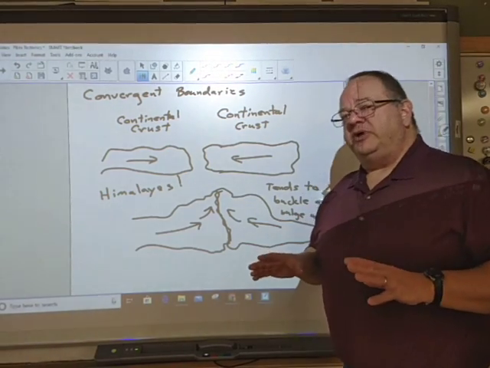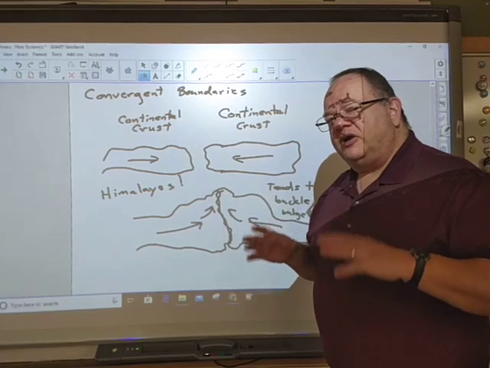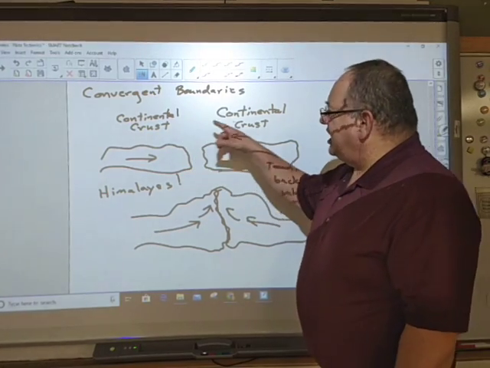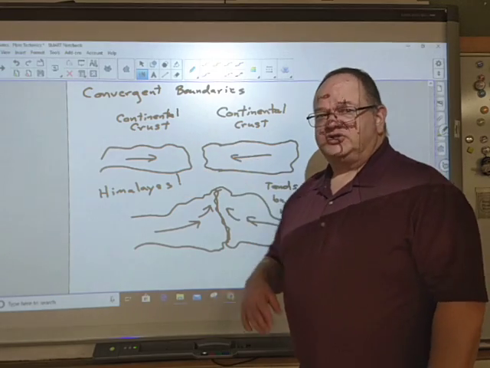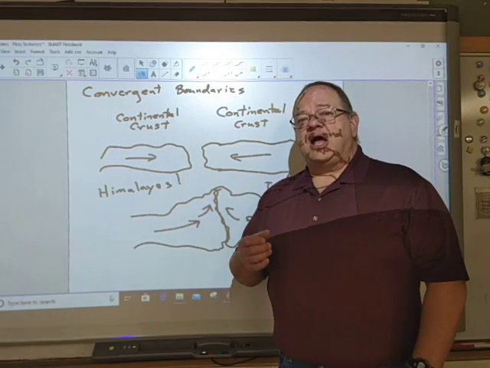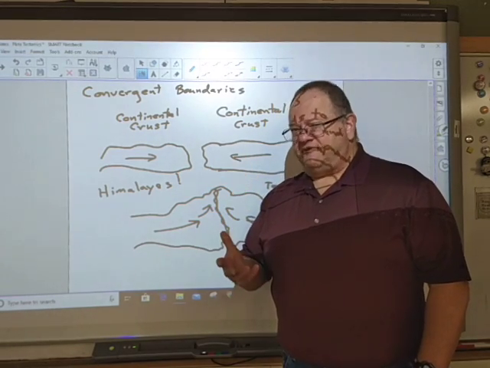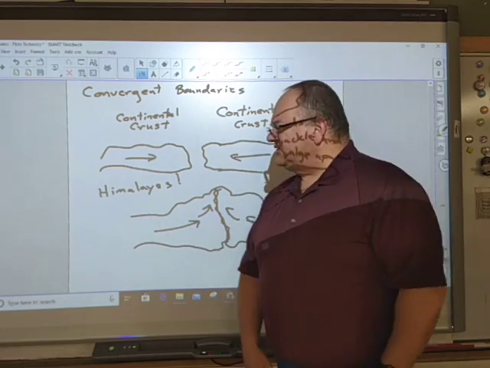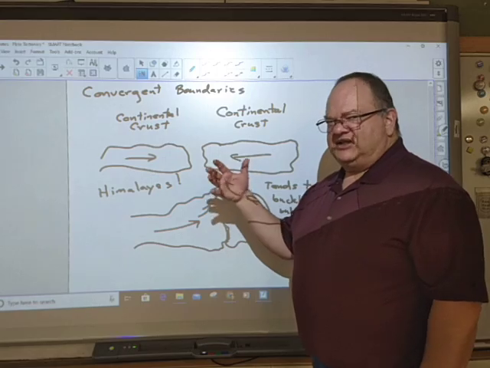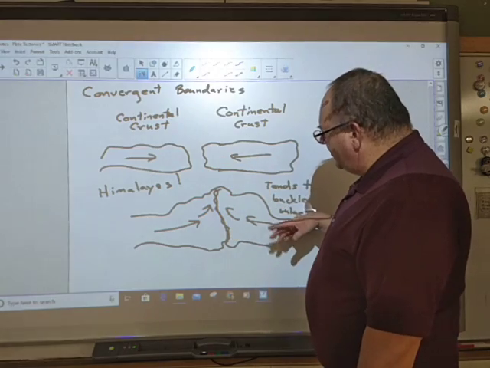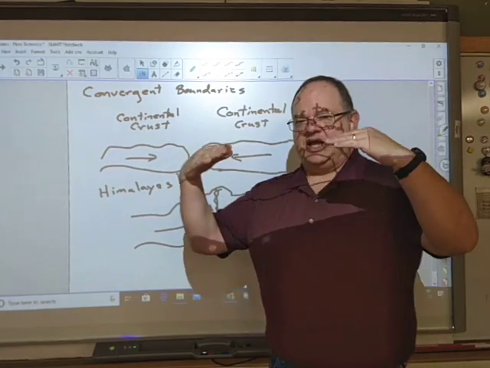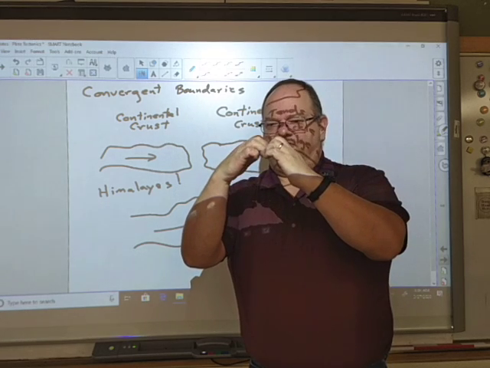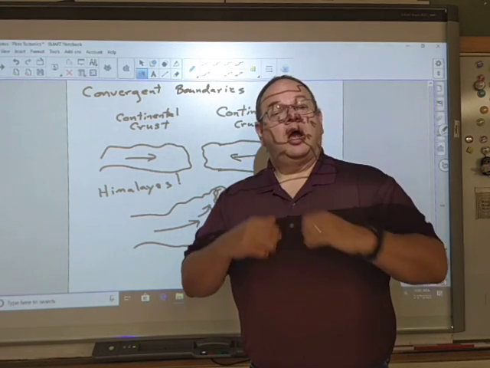Now, what we're going to find at a convergent boundary is going to depend a lot on what type of crust we see. So I'm going to start out with the case of two pieces of continental crust. And you remember from earlier, we said the continental crust is mostly felsic in nature. It's the lighter, fluffier rock. It's not as dense. And so neither piece wants to sink. And what happens when these two pieces come together is they smash together and they buckle and fold and bulge upward.